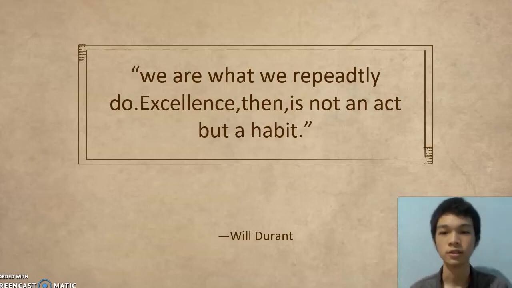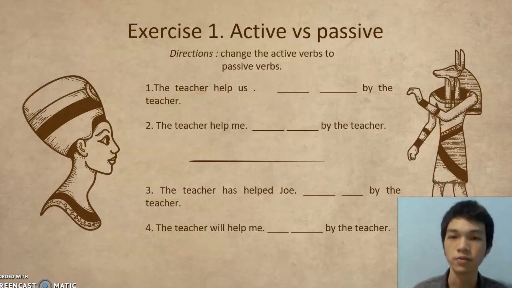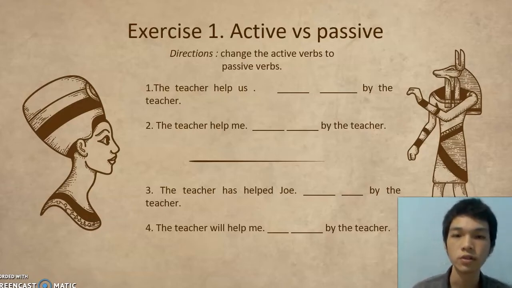So let's go to the exercise. Exercise 1 is active versus passive. What we have to do is change the active verbs to the passive verbs. Here we have 4 questions.